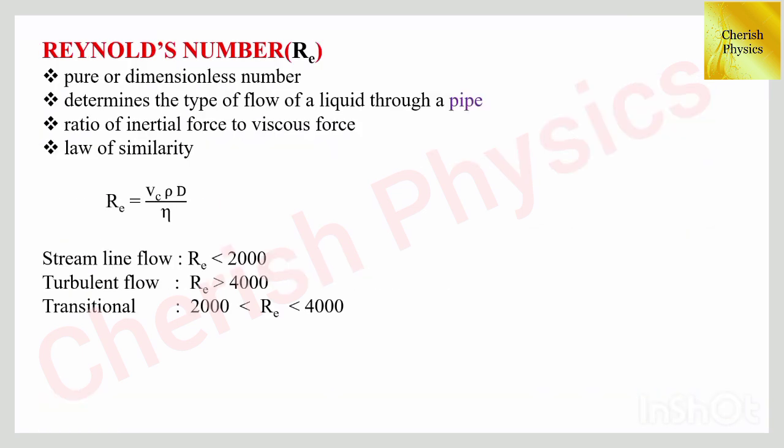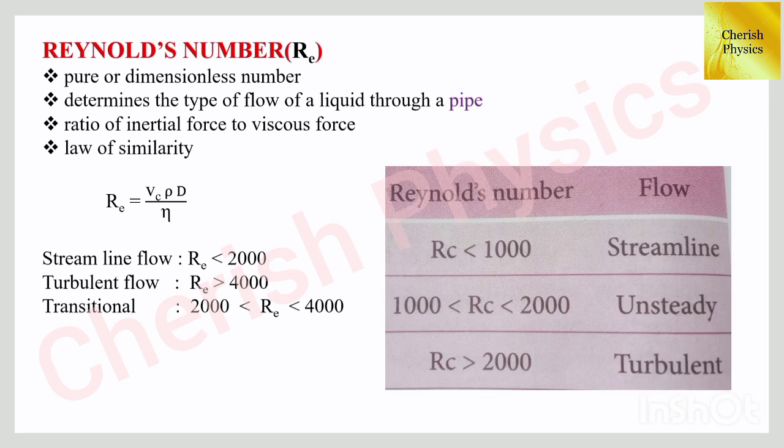We can find whether the flow is streamline or turbulent with the help of Reynolds number. If the value of Reynolds number is less than 2000, then the flow is said to be streamline flow. If it is greater than 4000, then it is said to be turbulent flow. Between the range, the flow is said to be transitional. But in most of our reference books, the value differs. These value ranges are given in our reference books.